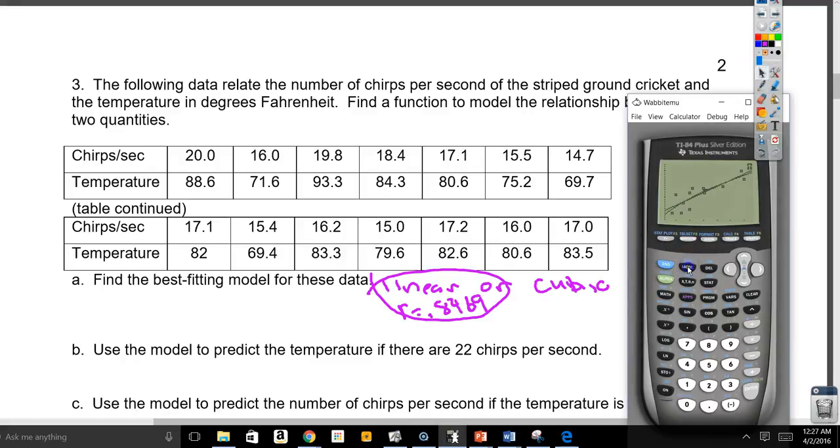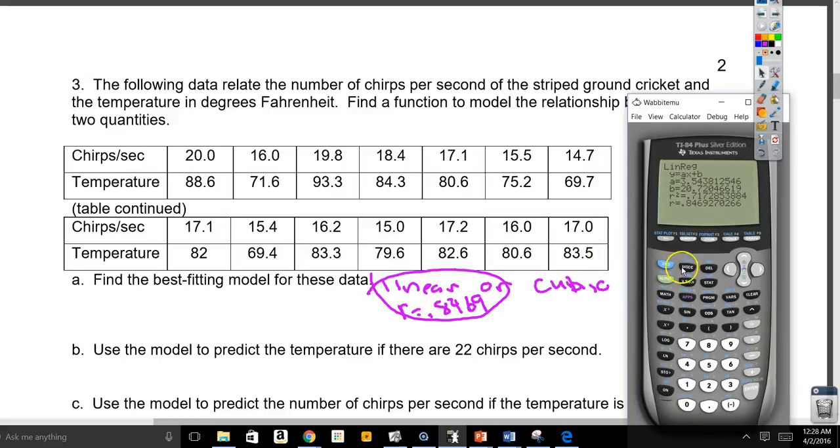And that model would be, let's go back and find that data. You can just simply go stat calc 4, second L1, comma, and it's already in there, so we can just hit enter.